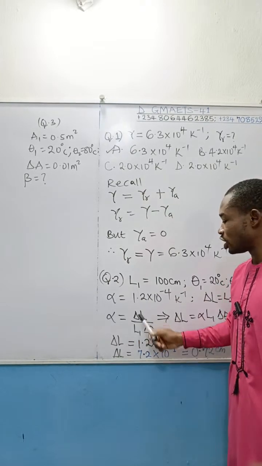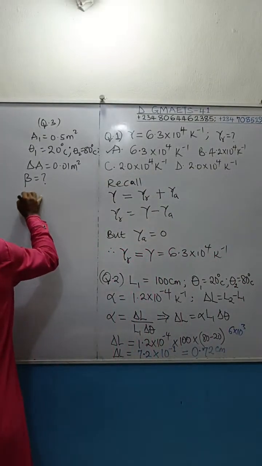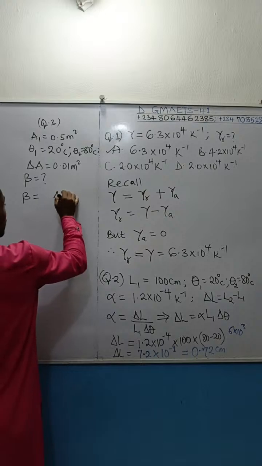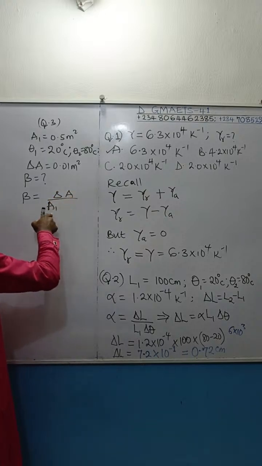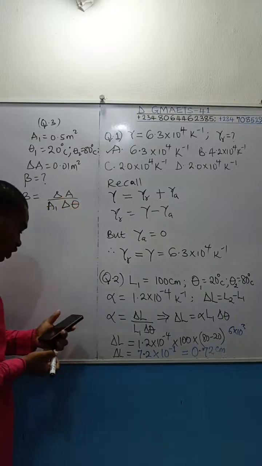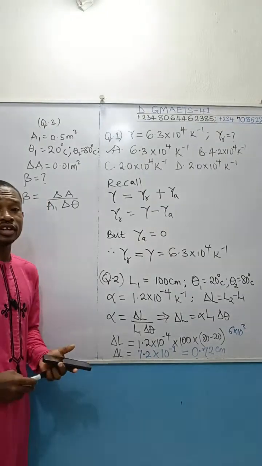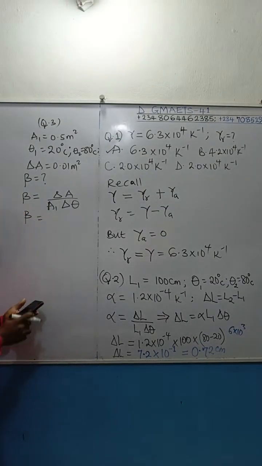It's just for you to change all lengths to area. Now recall that this is equal to change in area per unit area, which is all over the original area, then times change in what? Temperature. That is what we have there. That's the formula.